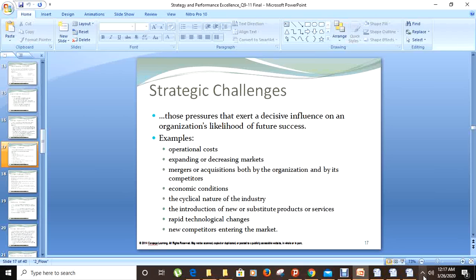Cyclical means that in any kind of industry, this is how the strategic challenges make their importance. The introduction of new or substitute products or services, rapid technological changes, new competitors entering the market, and so forth.